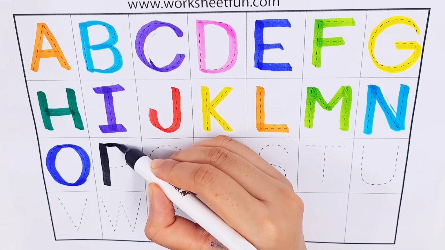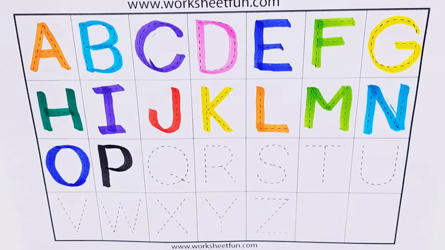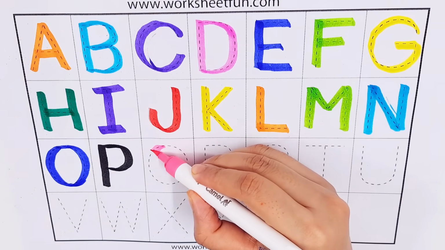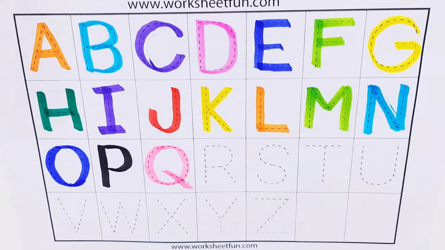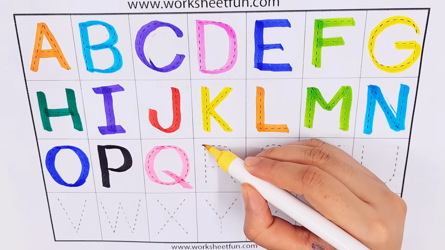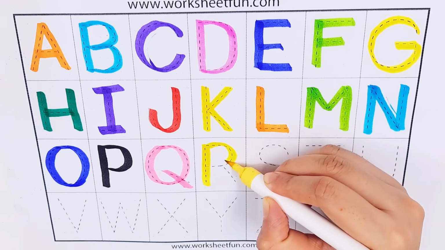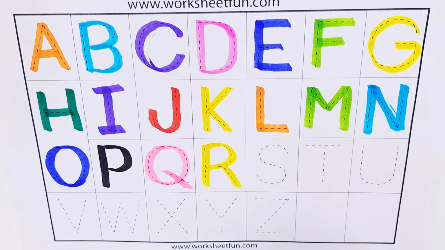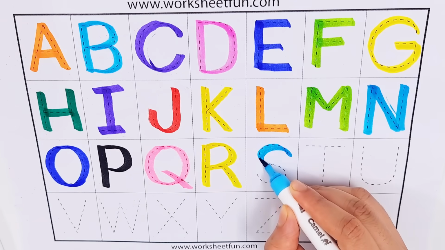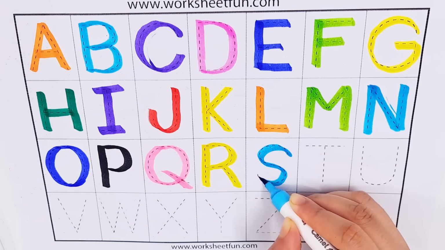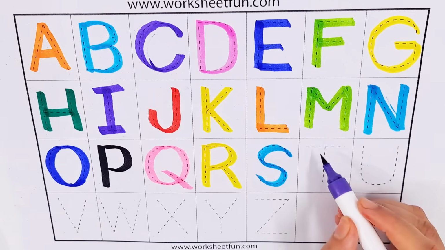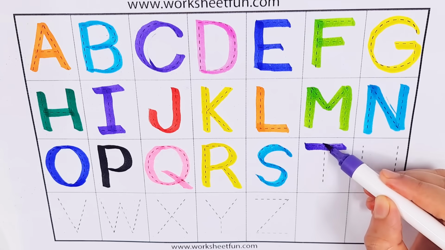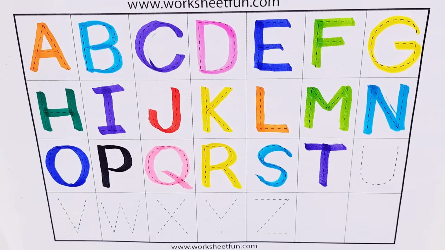P for pen. Q for quill. R for rose. S for strawberry. T for train.